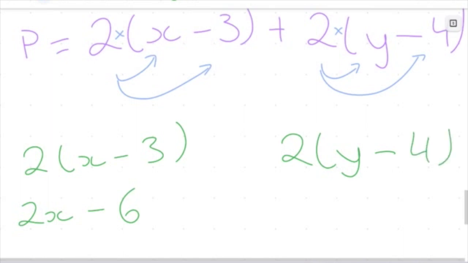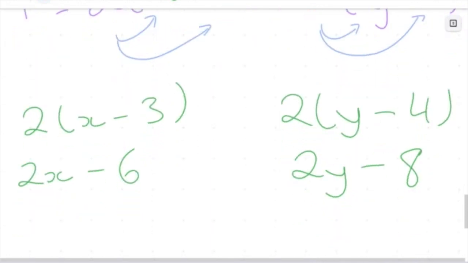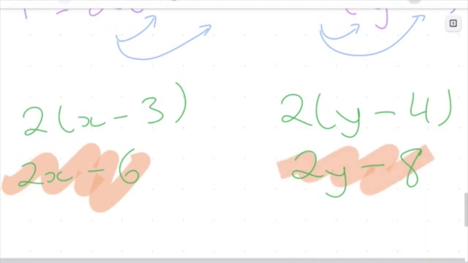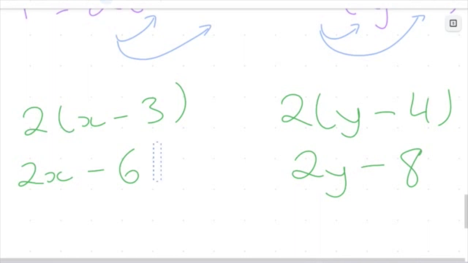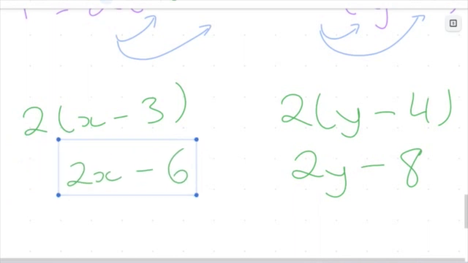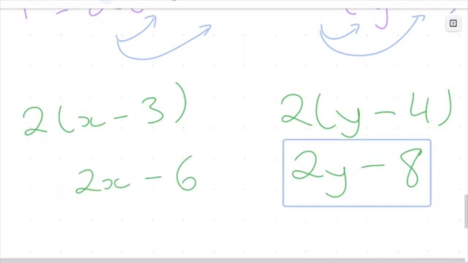And taking 2 times y gives me 2y. Taking 2 times negative 4 gives me negative 8. And what I want to do now is I want to just add this one and this one together. So let's shift these a little closer together. And I'm going to add them.